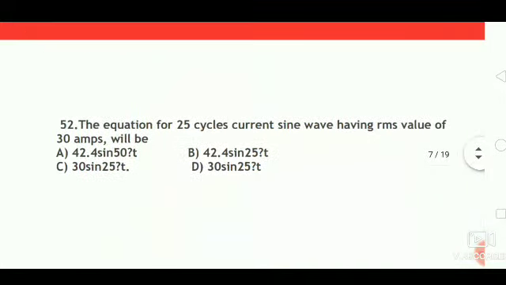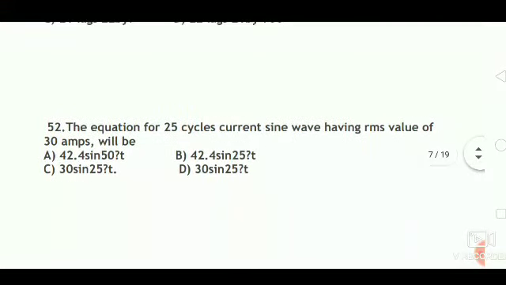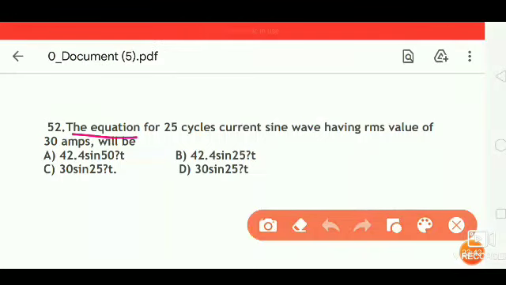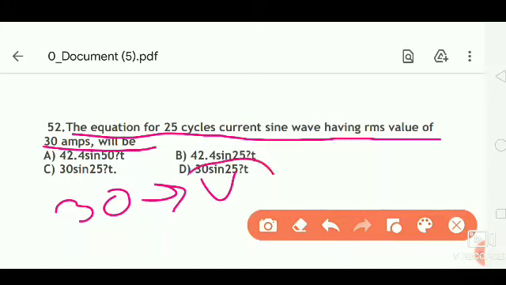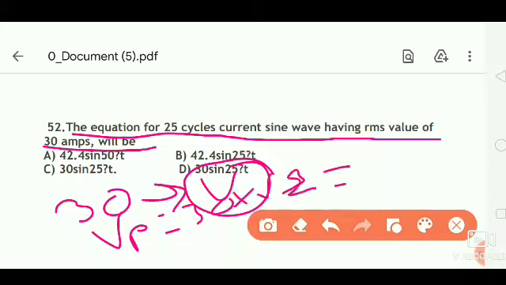So next question is, a 25 cycle current sine wave having RMS value of 30 ampere will be. Here the RMS value is 30 ampere. So we get the peak value, V peak equals 30 into root 2, which is 42.4.